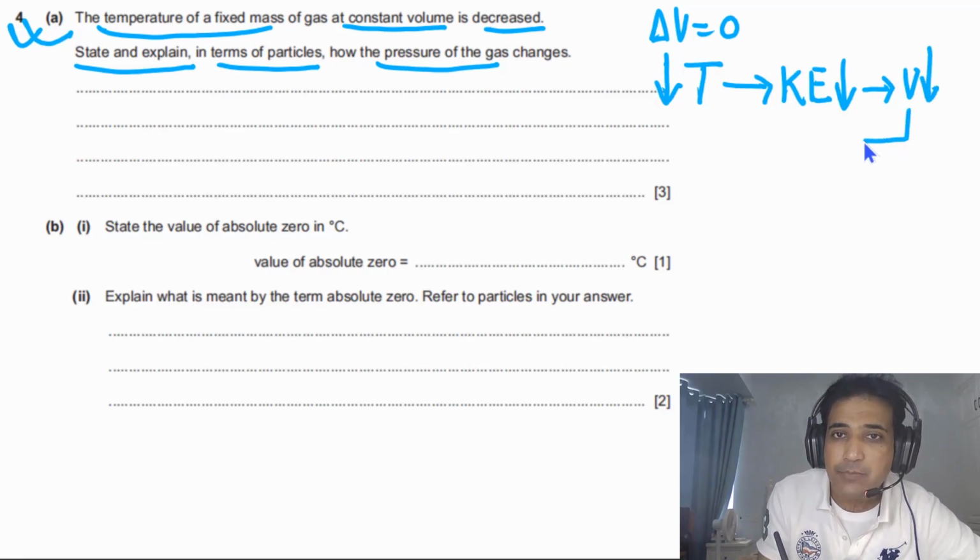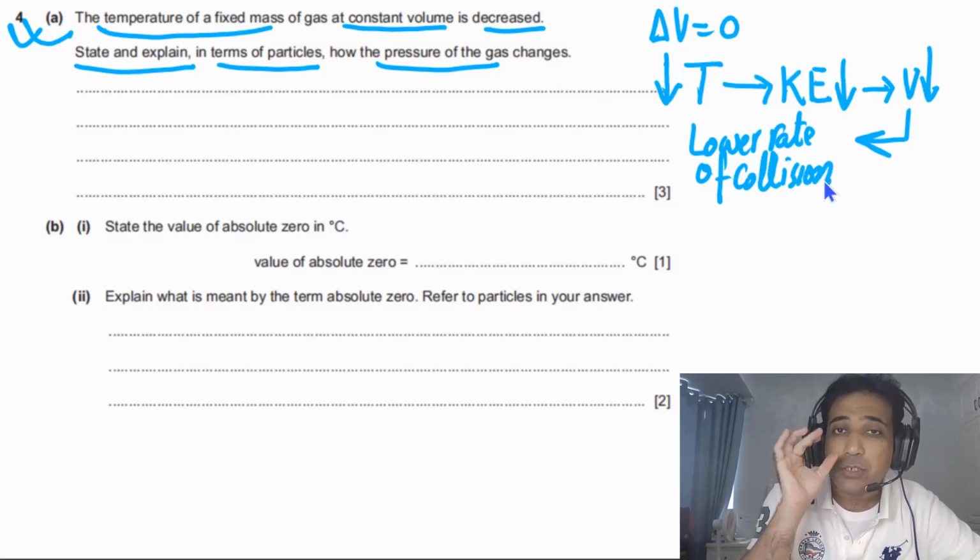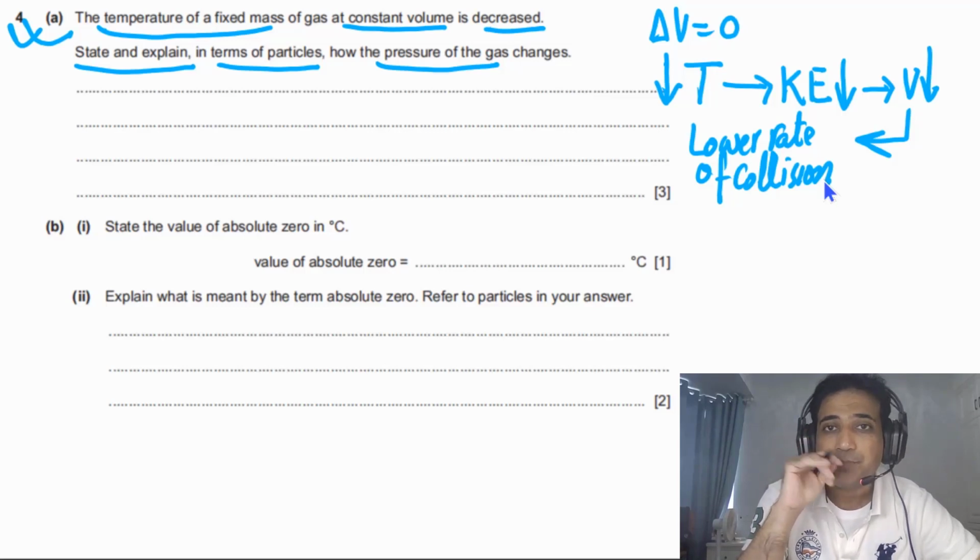If average speed of the particles decreases, it means that lower rate of collision. So lower rate of collision is a very important point. Most of the time students, they don't understand what exactly is meant by lower rate of collision.